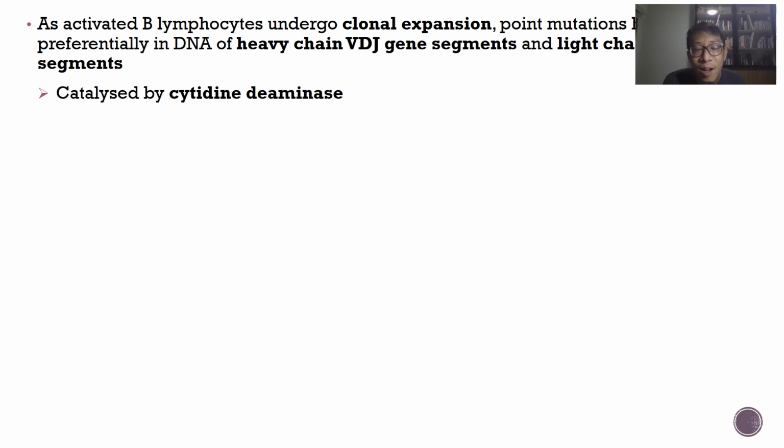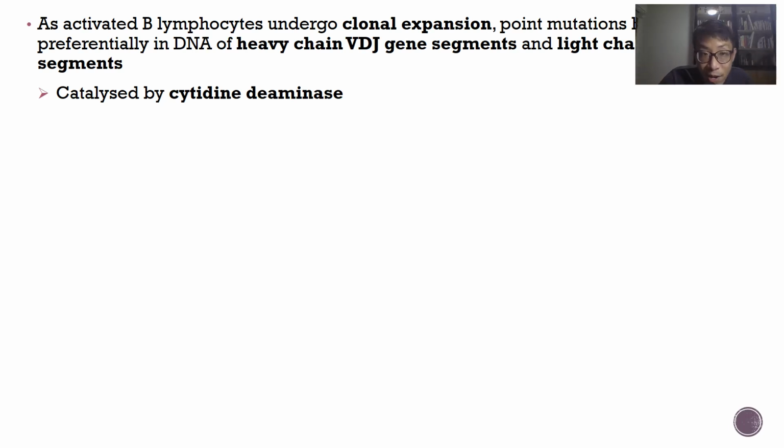It is catalyzed by an enzyme called cytidine deaminase, and this happens preferentially in the VDJ gene segments and the VJ gene segments that have already been formed, right? In somatic recombination that occurs before the B cell matures into a naive B cell. So the activated B cell has already done the somatic recombination.